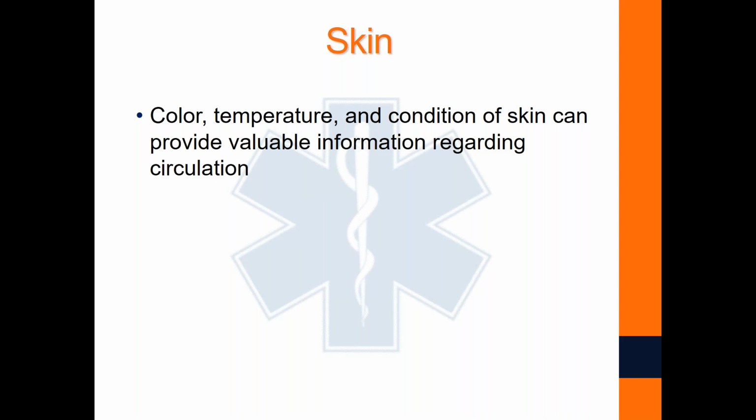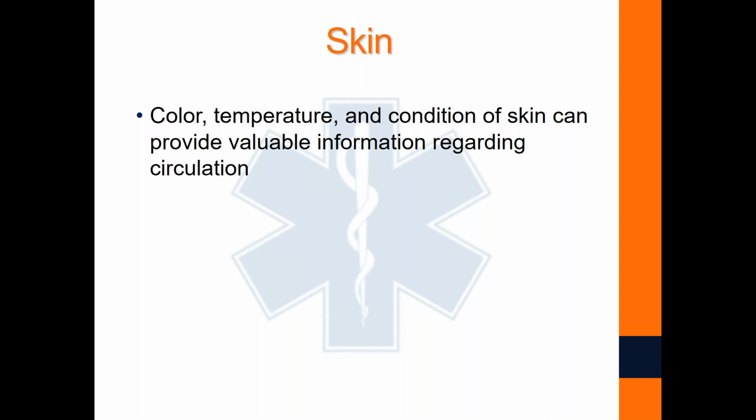And one of the first outward signs we'll see of a patient who is not perfusing well, or who is not breathing well, or who is having some sort of oxygenation, ventilation, heart rate disturbance is going to be changes in their skin color, temperature, and condition.